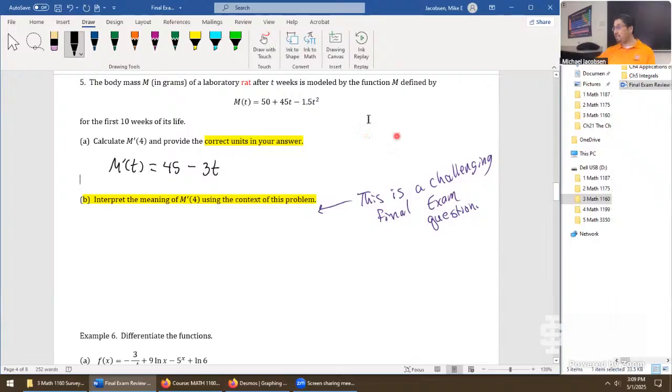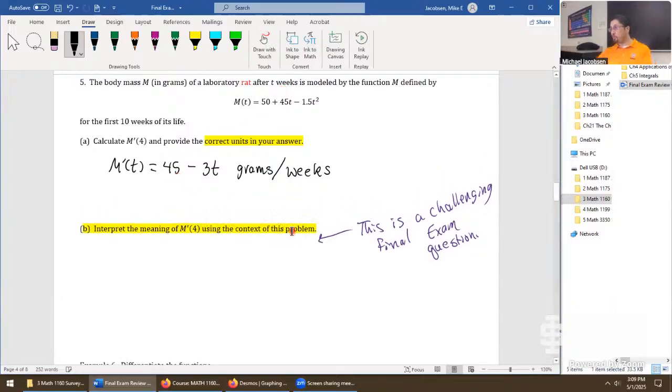If I don't have that on the real final exam, still a good idea because it's going to help us a lot in part B. This right here is going to be in units of M first, grams per whatever the unit is for the variable t, and that unit was weeks. So it's 45 minus 3t grams per week.